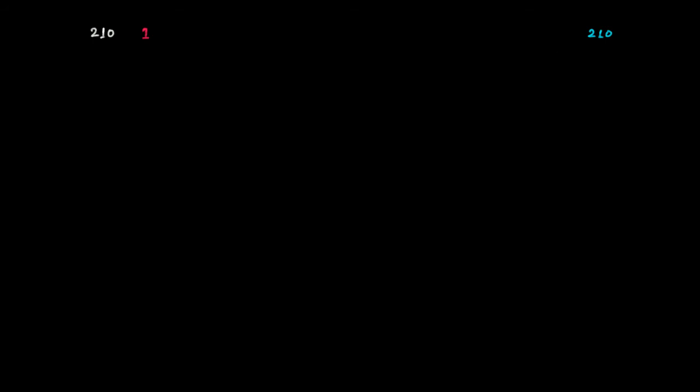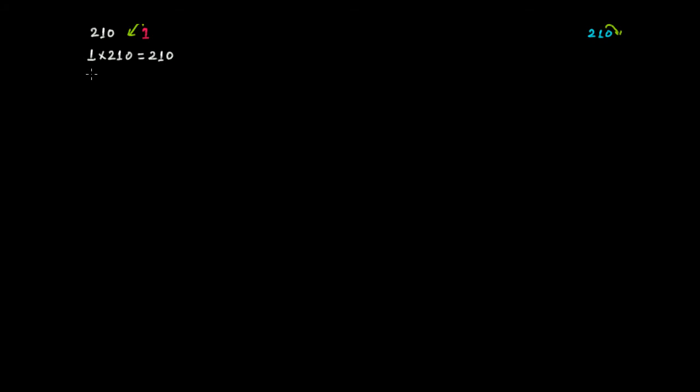There is no scope for any factor smaller than 1, and there can be no factor greater than 210, because this will be the greatest factor of 210. So the first pair is 1 and 210, as we have shown here in the list. So 1 times 210 is 210.